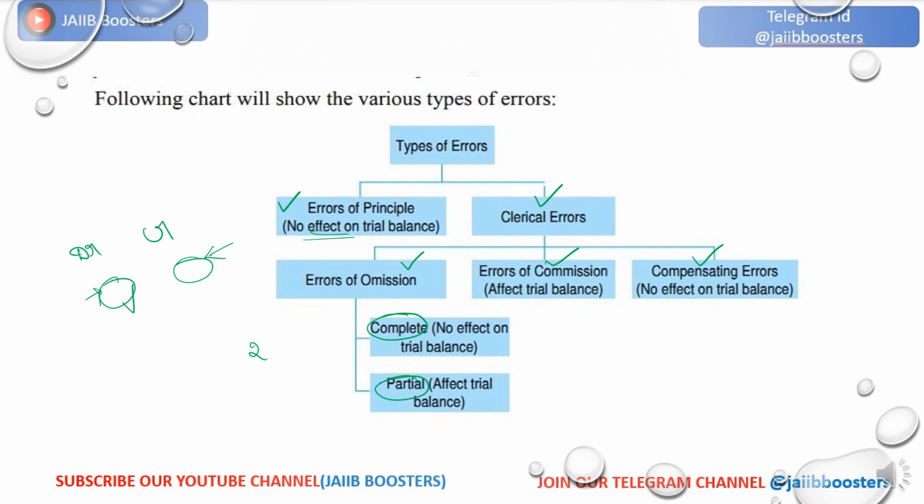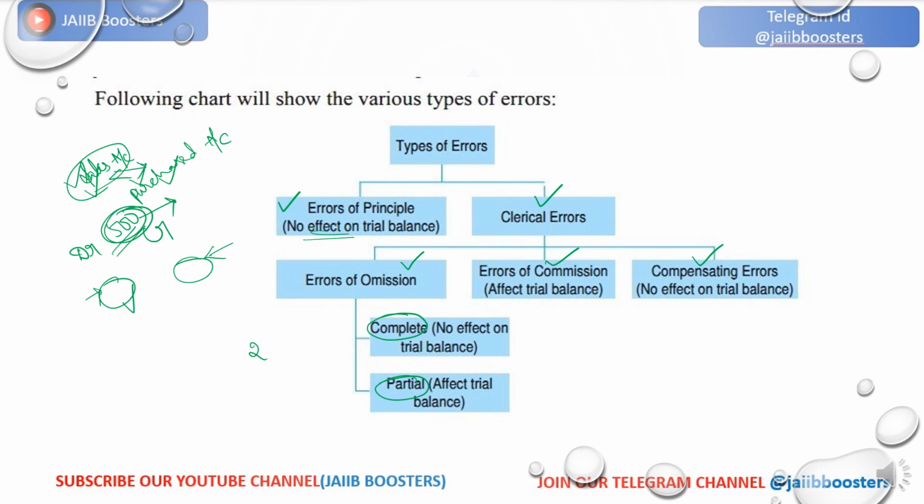Okay, suppose we have to debit something to the sales account or sales book, but due to an error we mistakenly debited another account, the purchases account. If it doesn't happen at all, for example a 500 transaction is completely omitted, it isn't debited to any sales account or purchases account.